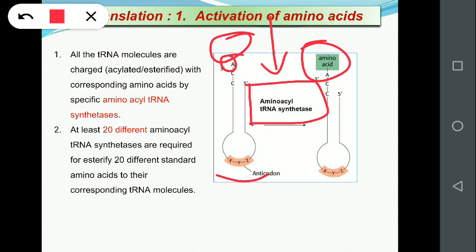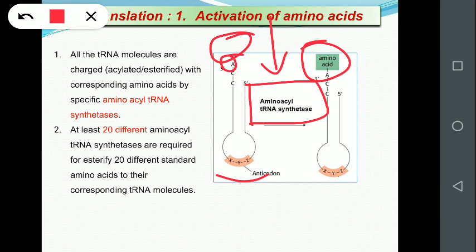That aminoacyl tRNA synthetase binds the leucine amino acid, and it also binds the corresponding leucine carrying tRNA. We have 3 different tRNA molecules which can carry leucine, so that aminoacyl tRNA synthetase can bind any one of these three tRNAs. That is why we require only 20 different aminoacyl tRNA synthetases.